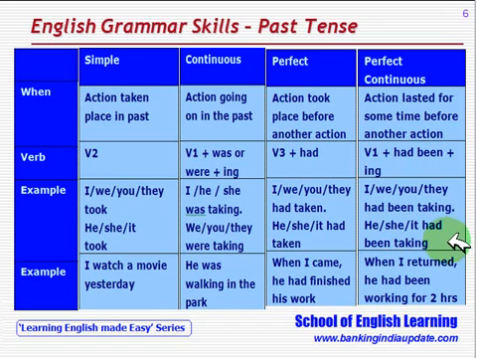Another example, when I returned, he had been working for 2 hours. So the action lasted for some time, working for 2 hours, before another action. When I returned is another action. So here the first form is used, supported by had been plus ing.